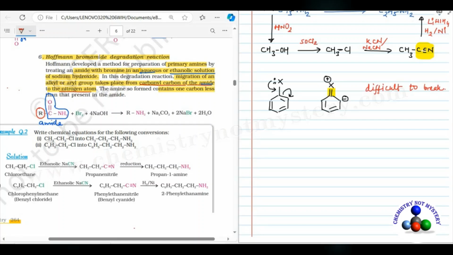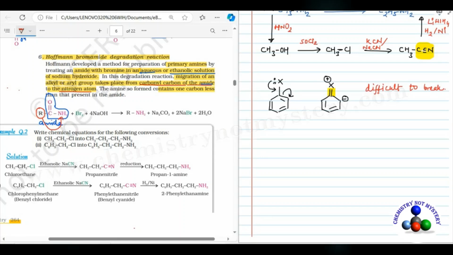So it will get attached to NH2. That's why here RNH2 is written. And this CO is removed in the form of Na2CO3, and NaBr and water are formed as byproducts.